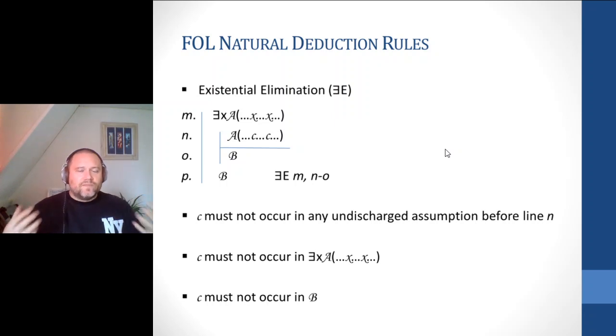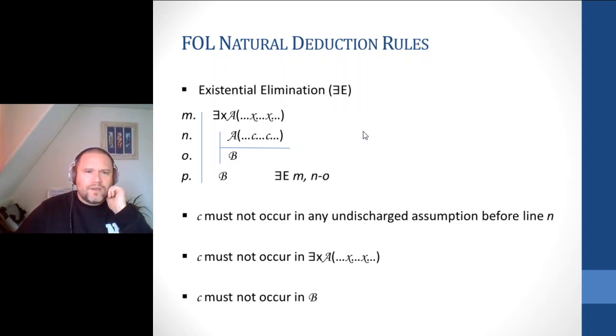So again, the idea is we start with an existential, we do some arbitrary replacement, we derive a result from this, and then that is the thing that we're going to derive from the existential. Now here's the parallel, if you like, with disjunction. Think about what we do with disjunction elimination.